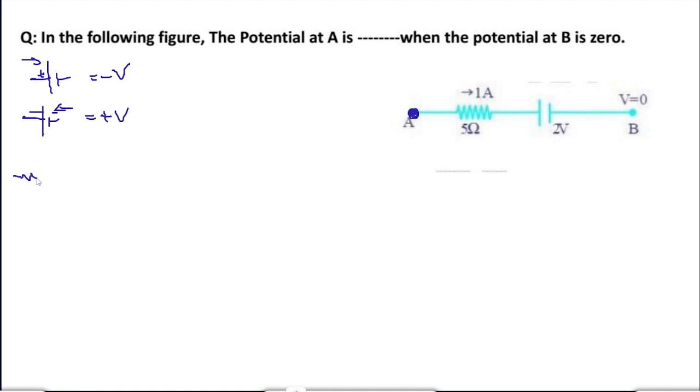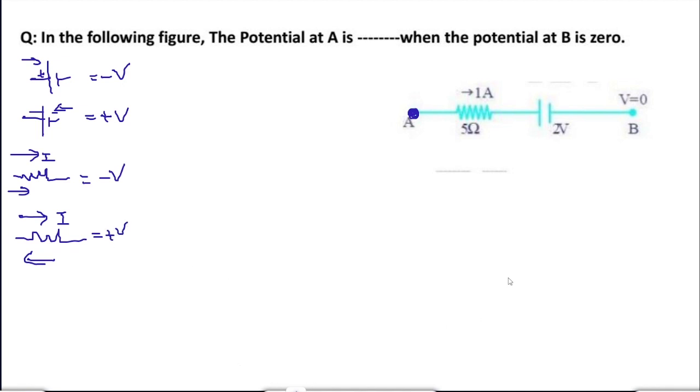And if we are going through a resistor in the same direction as the current, then here also it is negative. And if we are going in the opposite direction of the current, then it will be positive, right?